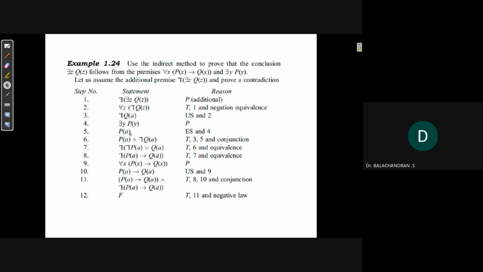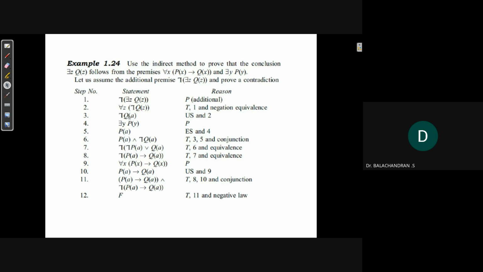So from 2 to 3, I am using rule US for negation Q. So here it is true for every z, that's why I'll write a. But here also I used a, but I'm using it for P, for P of a. Here negation Q. So both of them are different.